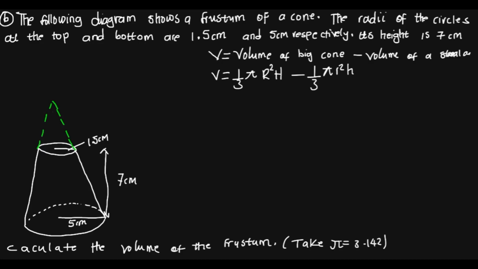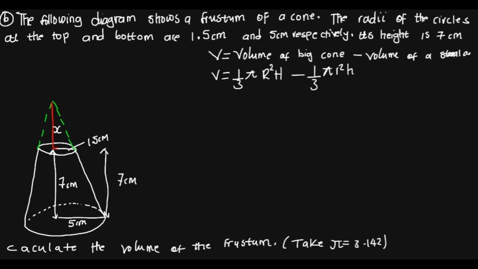There is this smaller cone in green plus the height in red. Then there is also this larger cone where we have this height in red plus the one in white. Now the one in white we have been given, so this is 7 centimeters. Then the height for the smaller cone we don't have, it is x.